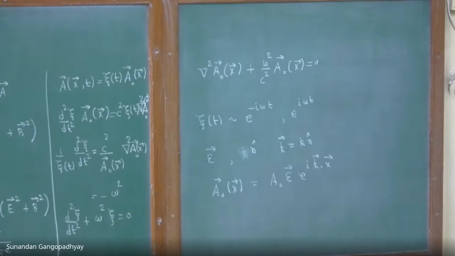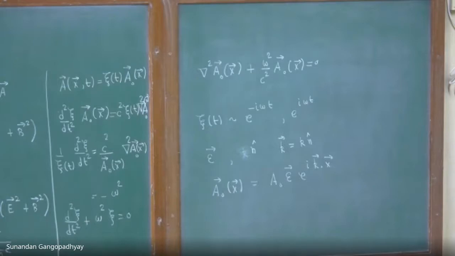We should not say quantized because there is no quantum mechanics here. The fact that the k values will take discrete values is due to the periodic boundary conditions that you impose by keeping the electromagnetic field in a box of volume V.